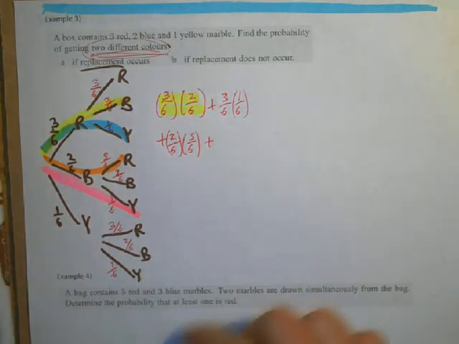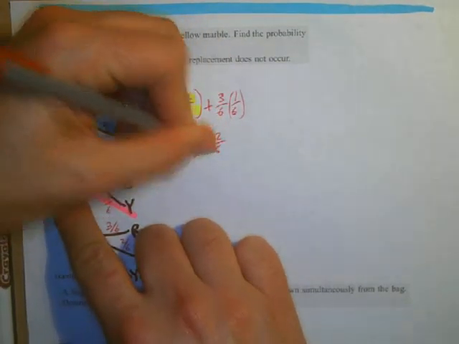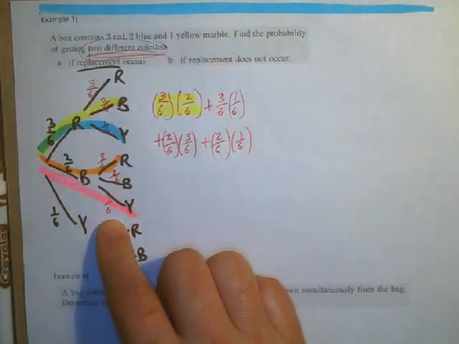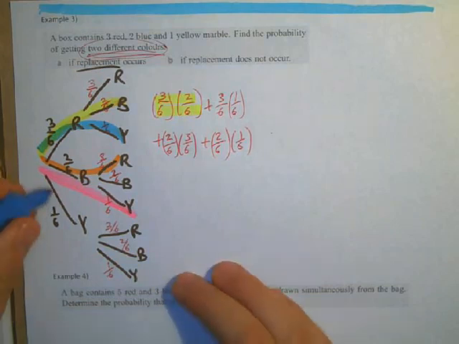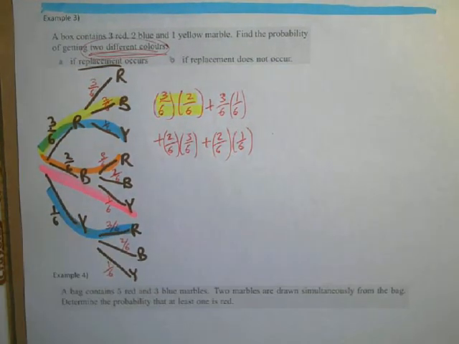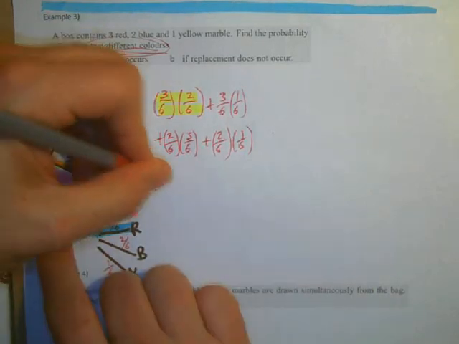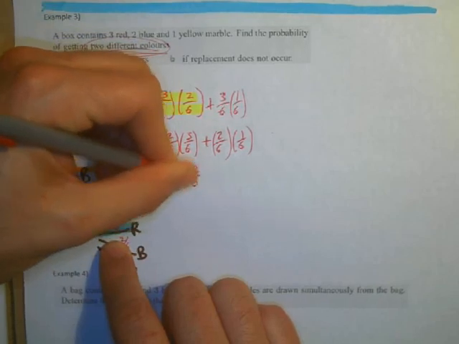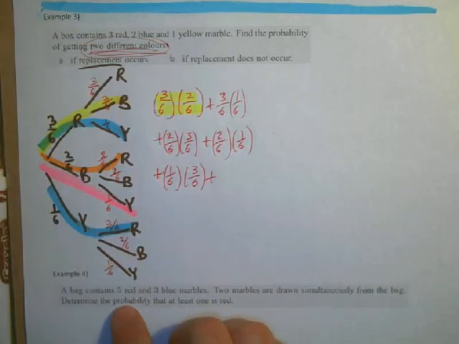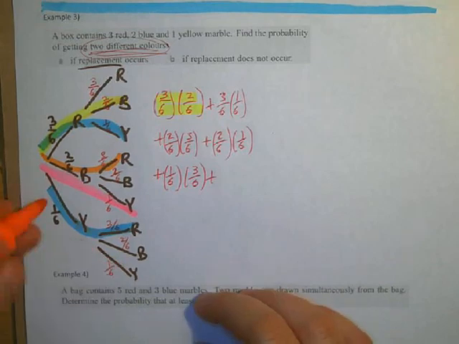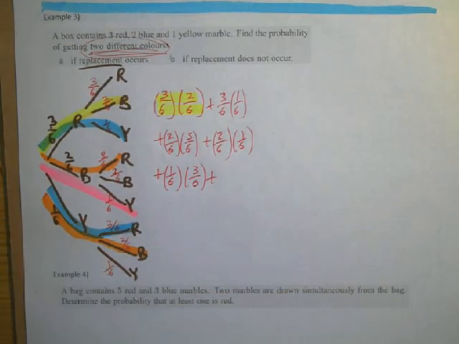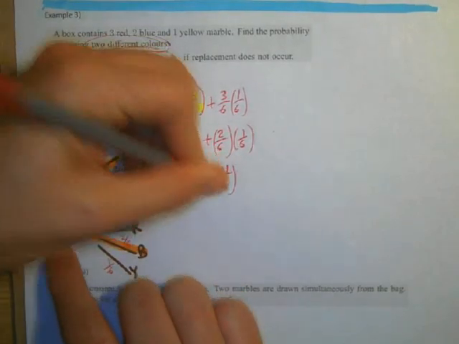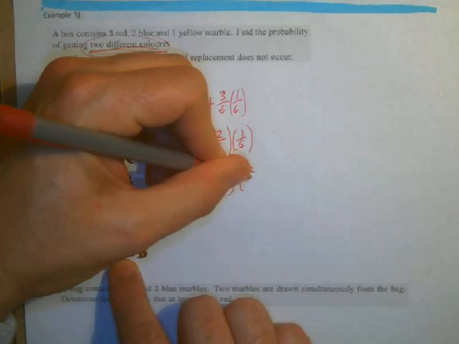which is 2/6 times 1/6. I can go this route, which is a yellow and a red, which is 1/6 times 3/6, plus I can get a yellow and a blue, which is going to give me 1/6 times 2/6.